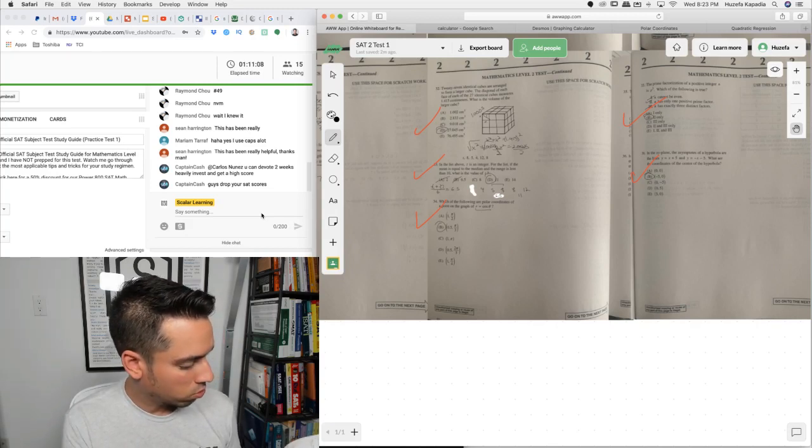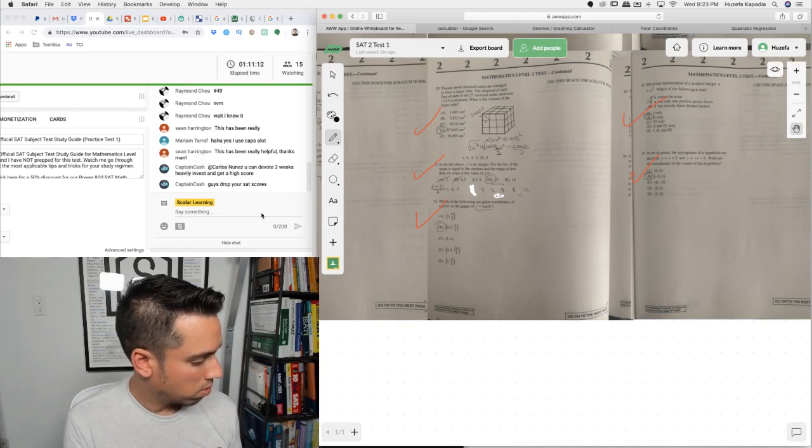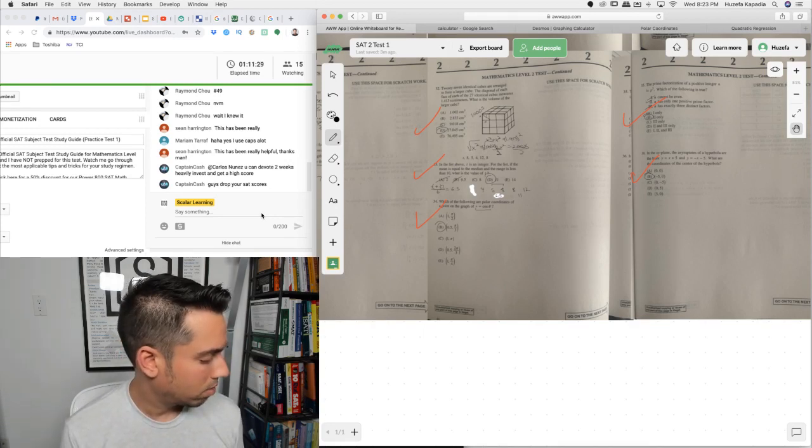Let me just check this curve because I know the curve is pretty chill on this test, and I want to show it to you guys real quick. I'm pretty sure, even though I got all those wrong, it's probably an 800. Okay, here we go.